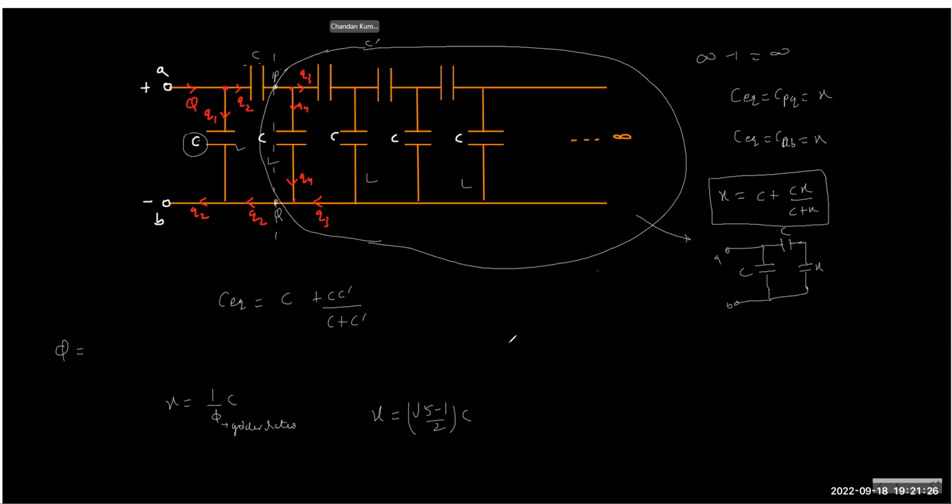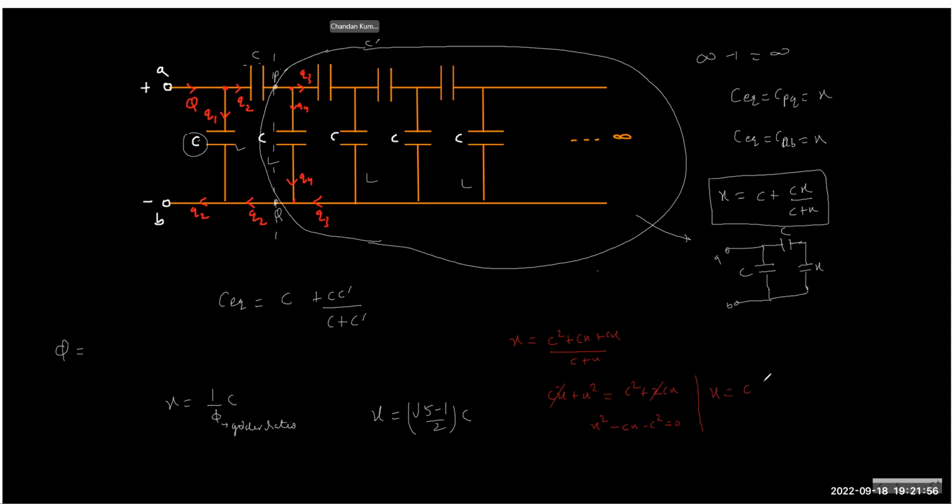Okay, so we are getting X equals C square plus Cx upon C plus x, which is Cx plus x square equals C square plus 2Cx. So x square minus Cx minus C square equals 0.